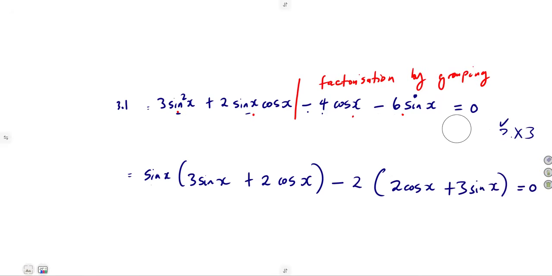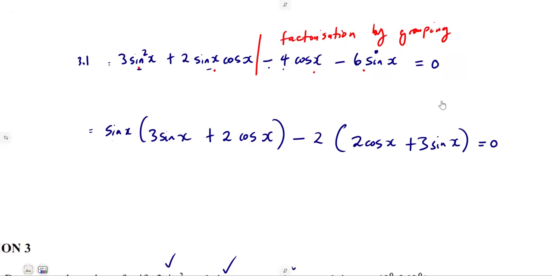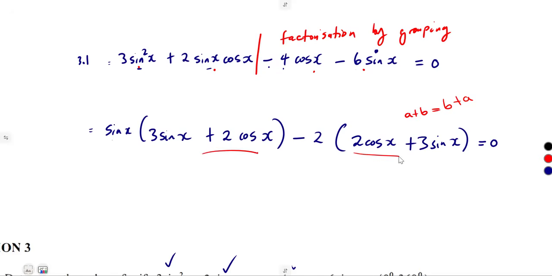So someone is asking now to say, are these two brackets the same? Guys, a plus b is the same as what? B plus a. So here we've got the same thing. They are all positive. Look, 2 cos x, 2 cos x. 3 sin x, 3 sin x. So they are exactly the same. So we can factor out that common bracket.